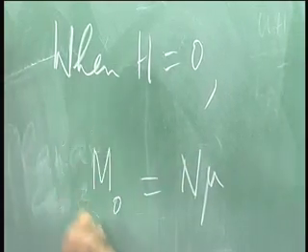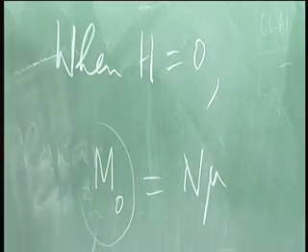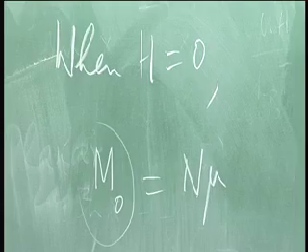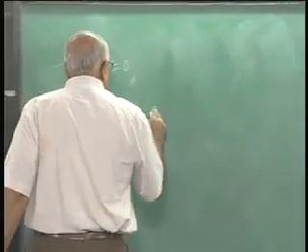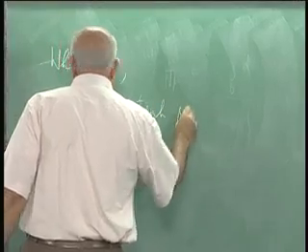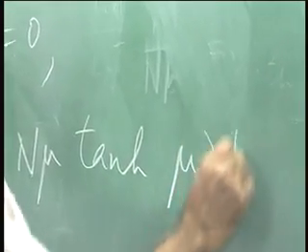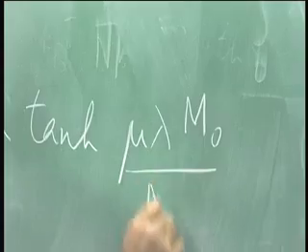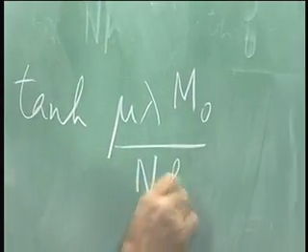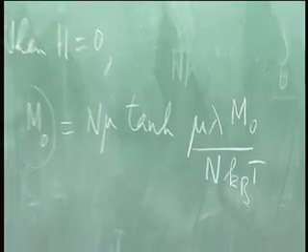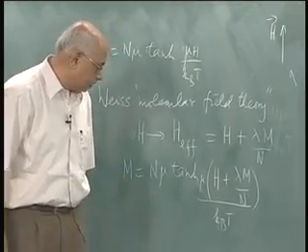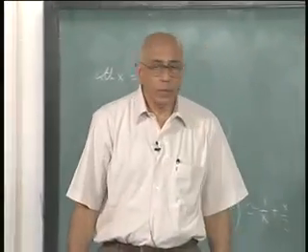I will denote the magnetization in the absence of a field by m0. This is equal to tanh of mu lambda m0 over n kT. That is the equation.